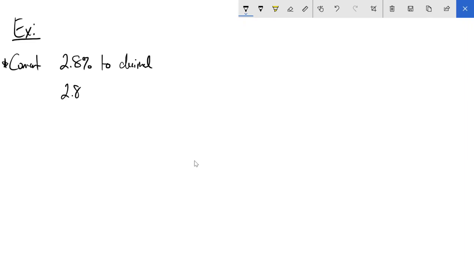Got to go left, right? The percentage, I know my decimal should come out smaller. If I go to the right, I'm making my number bigger, so I know I need to go to the left. If I'm moving my decimal over here, what do you have to do to fill in? Just fill in zeros. So 2.8% would be the same as 0.028.